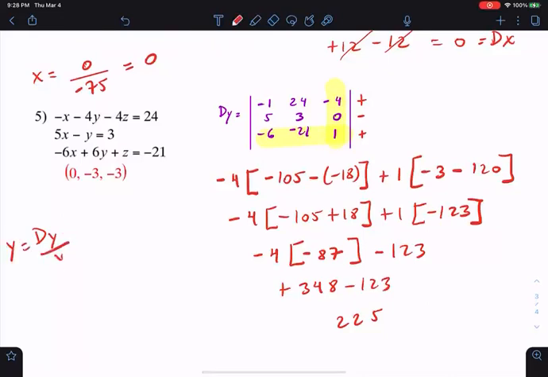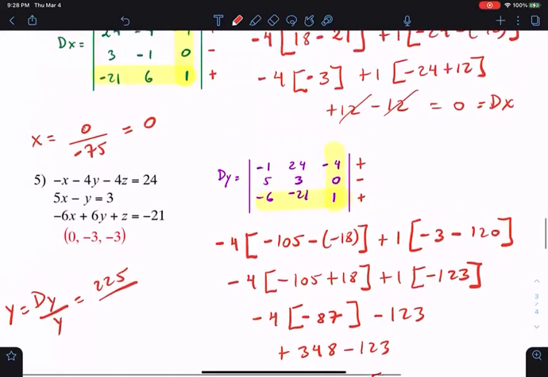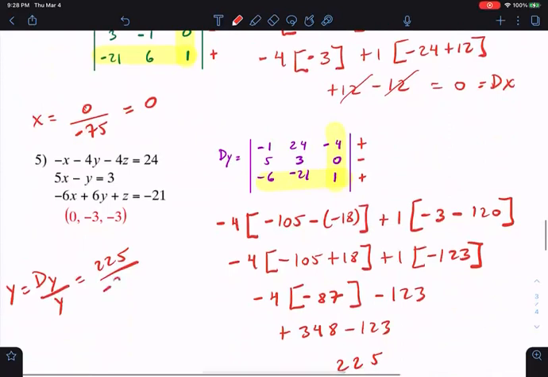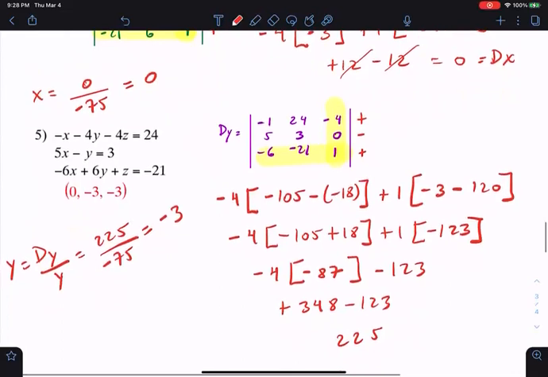If I get a fraction, I need to fix it, right? So dy is 225, and we said that the main determinant was -75. Was right here too, by the way. So if you compute this, hopefully I get a good answer. So this is -3, right? Now we need to compute the last one, the c value.